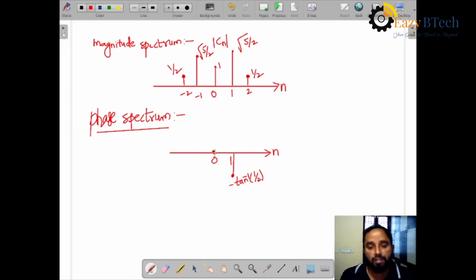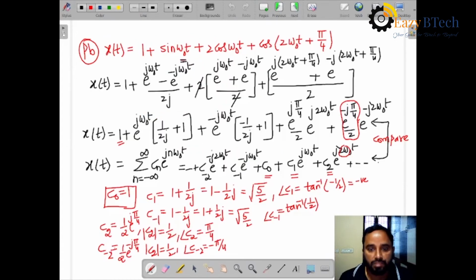Next, C minus 1 is positive, equal to tan inverse 1 by 2 at minus 1. And C2 phase is how much? Pi by 4.